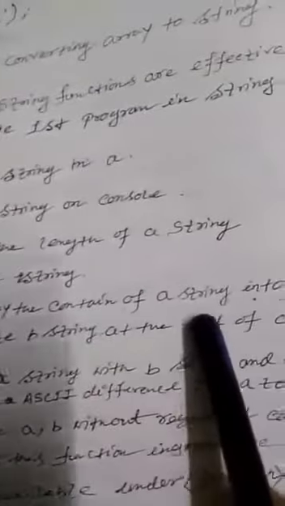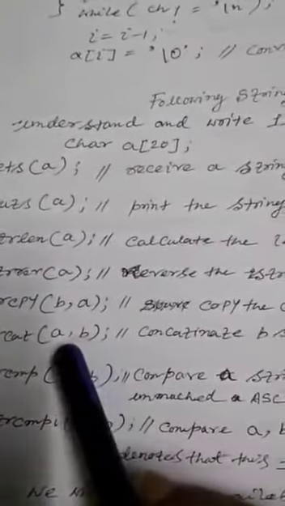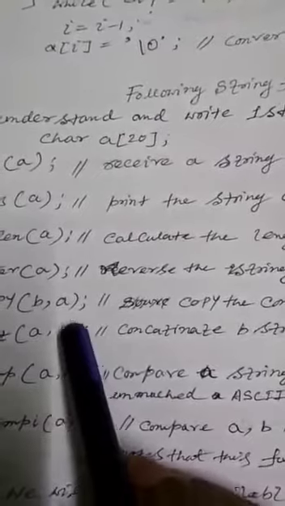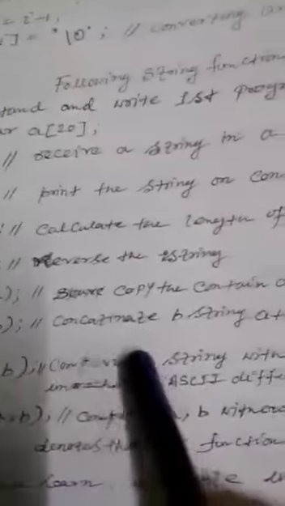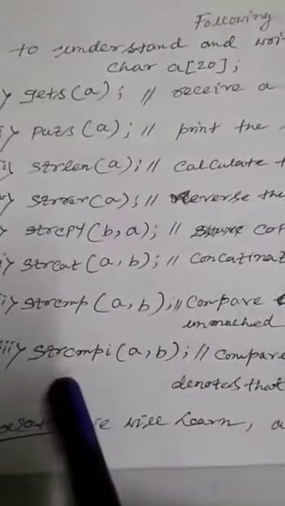Now strcat, string concatenate, takes these two strings a and b, and concatenates b at the end of a. The b string will be added at the end of string a.